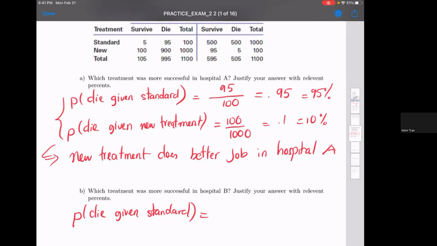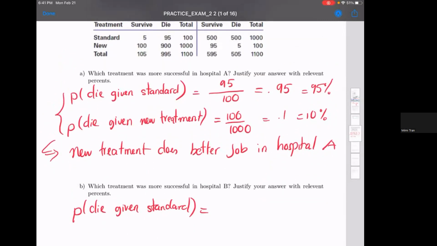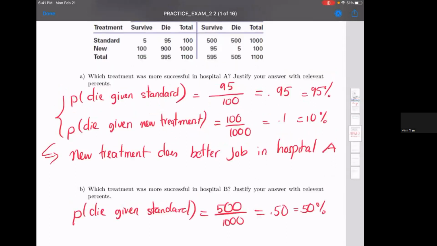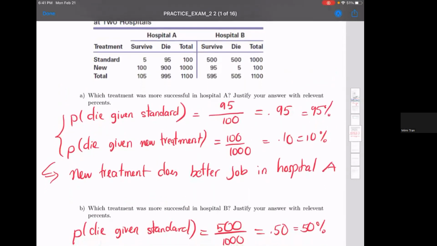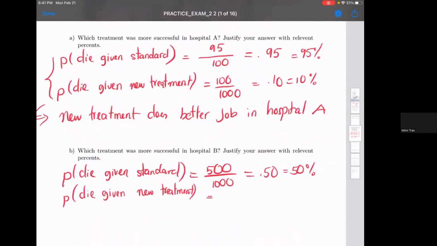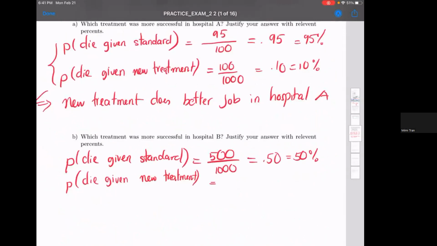All right, same thing, right? P of die given standard in hospital B, die is 500 out of 1,000. So that's 50%, right? 0.50 or 50%, or just 0.5. And then P of die given new treatment. Let's see, new treatment, 5 out of 100.